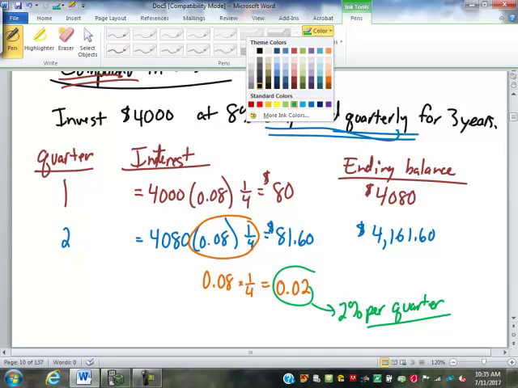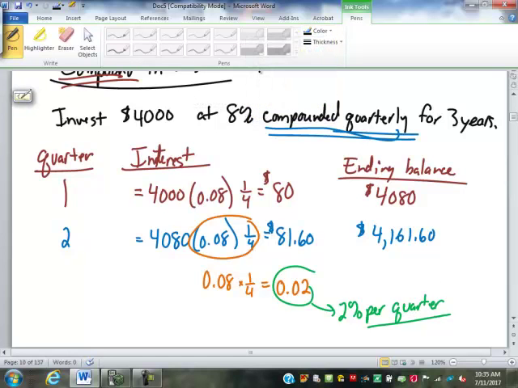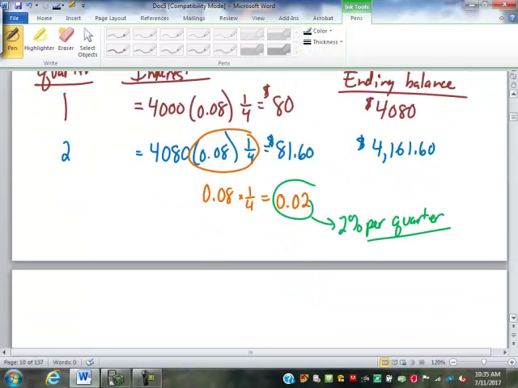Now the other thing is we talked about that percent increase before, last hour. If it's a 2% interest, that's a 2% increase. So what we can do is take that $4,000 principal and find 102% of it to get the ending balance, right?